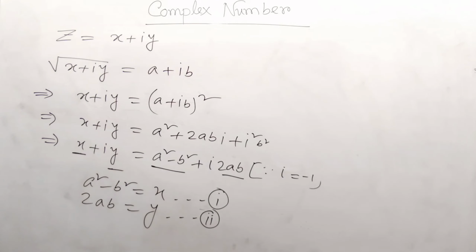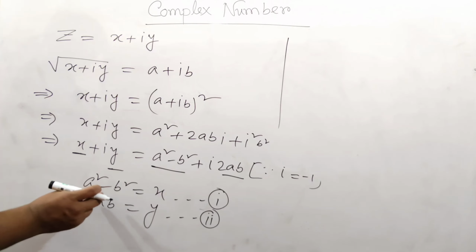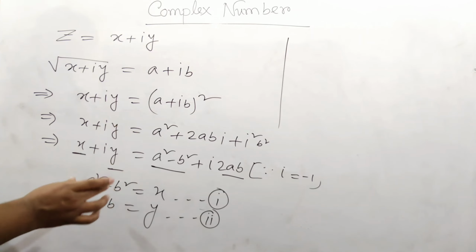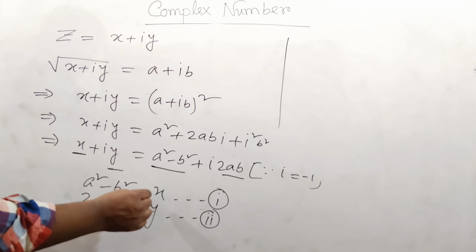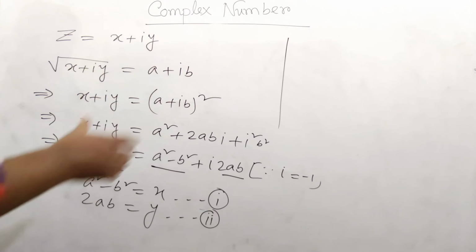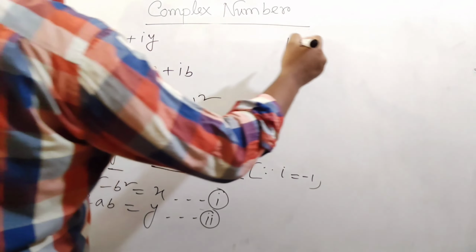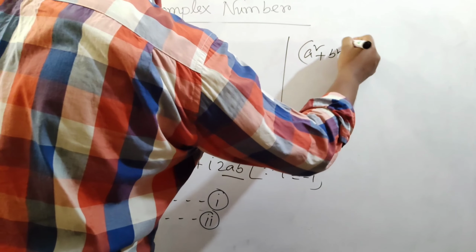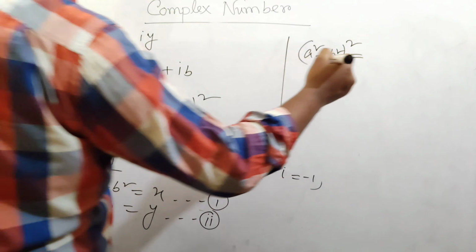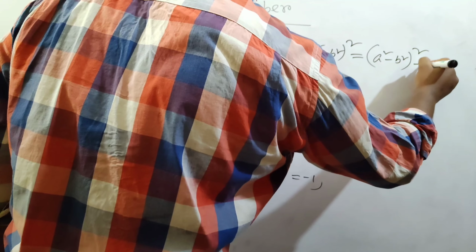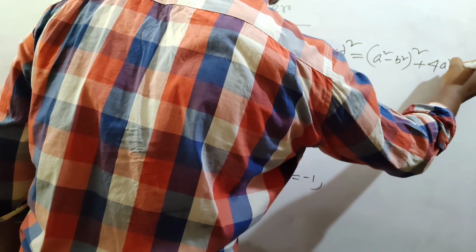Okay, now look, one equation here is a square negative b square. If we can somehow find a square plus b square, then it will be easy to find the values of a and b by using the elimination method. We already know a formula in algebra: a square plus b square whole square equals a square minus b square whole square plus 4a square b square.